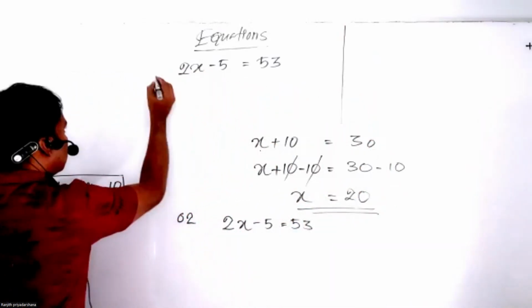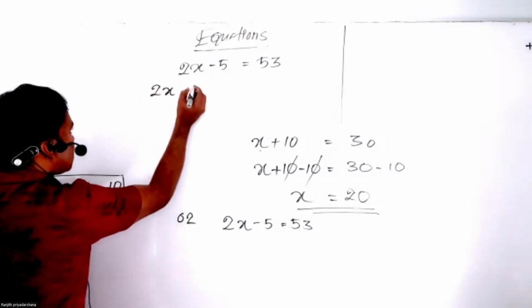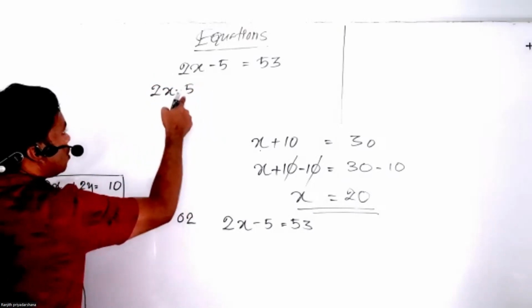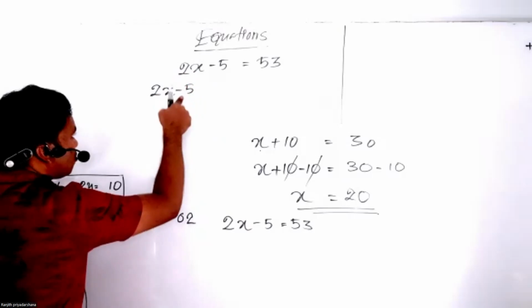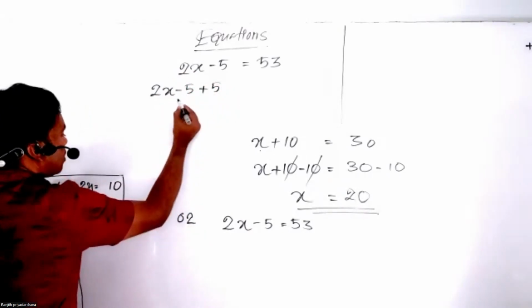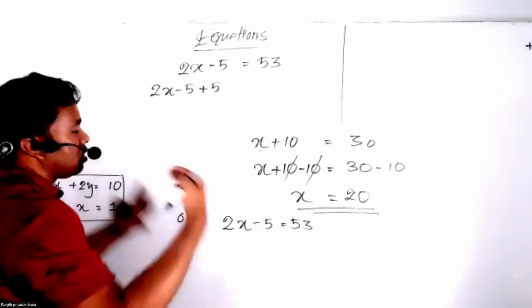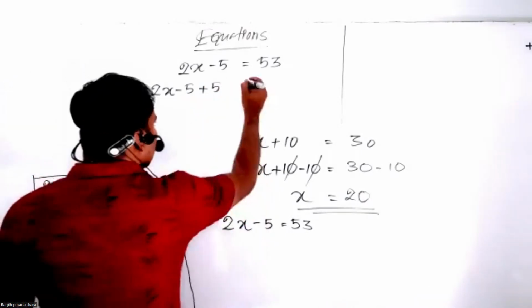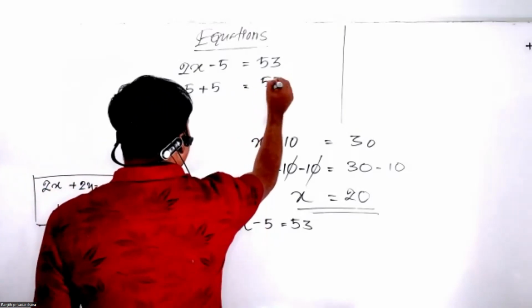Here we are going to remove this minus 5. So how to do that? 2x minus 5, how to remove that? Plus 5. Then subtraction 5 plus 5 can be cut off, and you end up with 53.